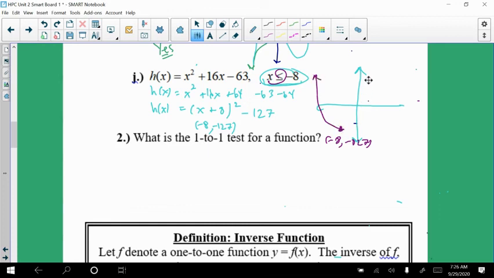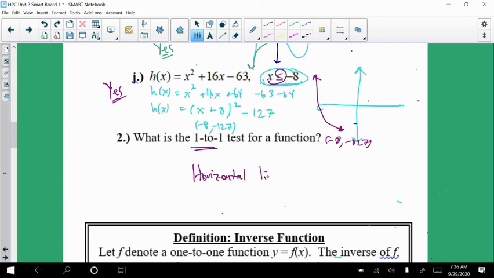We don't have the remaining half. And when we restrict our parabola straight down the middle like that vertex, then yes, it can be a one-to-one function. And then we already said, what is that one-to-one function test? It's the horizontal line test.